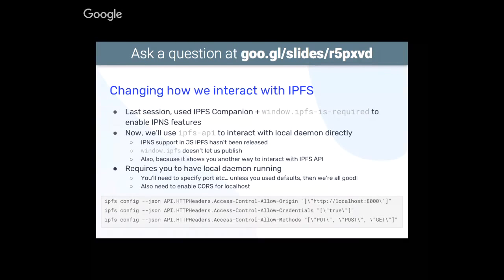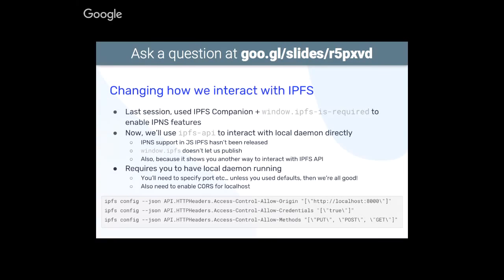The other thing that you'll probably need to enable is cross-origin requests for localhost, or CORS for localhost. And so you can very easily add that to your local IPFS daemon, running these three commands here. And note, we're just adding it to localhost, so you're not at risk of any attacks from other sources.